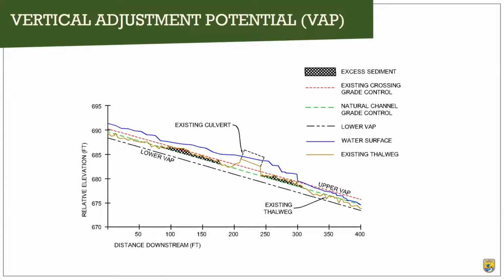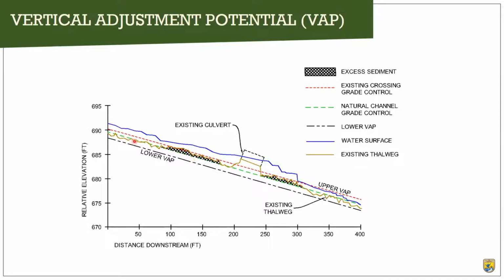Another thing we need to consider is the vertical adjustment potential of our crossing, which is another way of saying what's the scour potential. We need to look at our natural grade again.